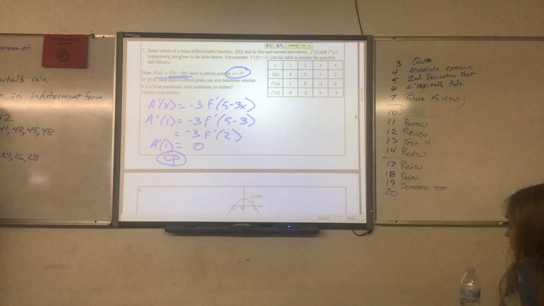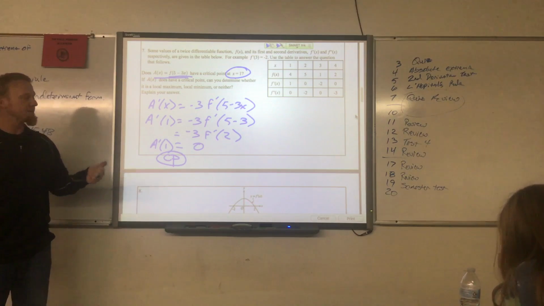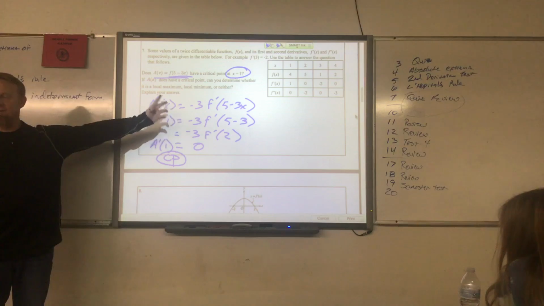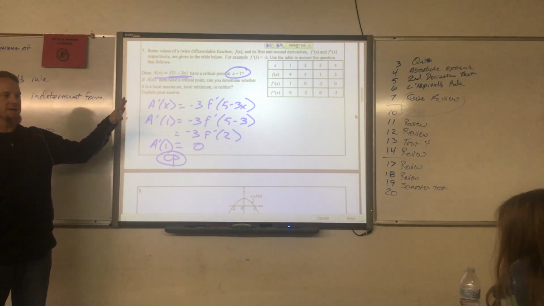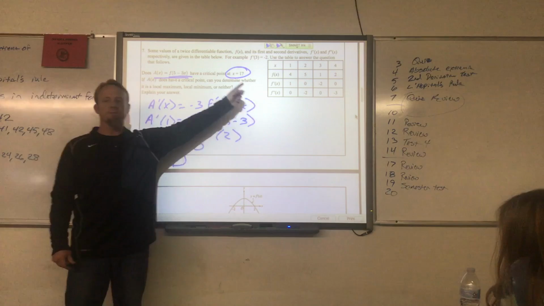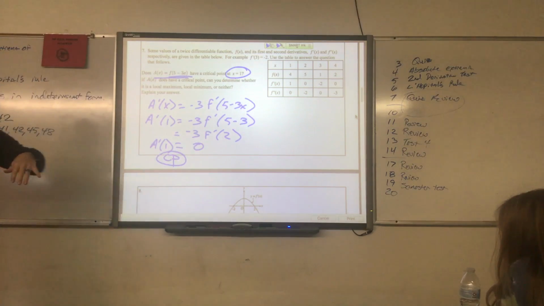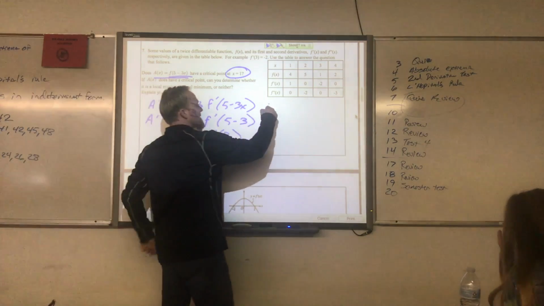Plug it into the second derivative. If it's positive, that means I have a minimum. If it's negative, I have a maximum. With what they've given me, is there any way I can do a sign line? No, there's not enough information. But they have given me second derivative information, so I can probably do the second derivative test. So what do I do next? Take the second derivative.